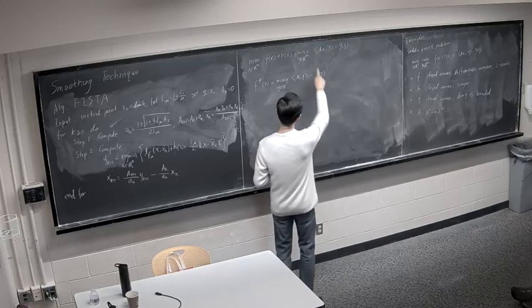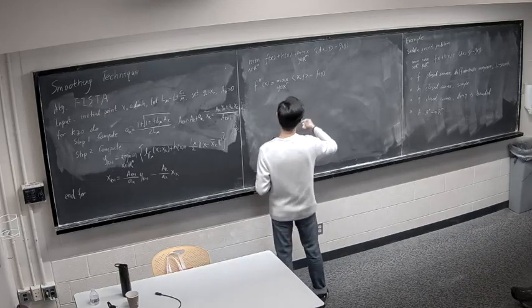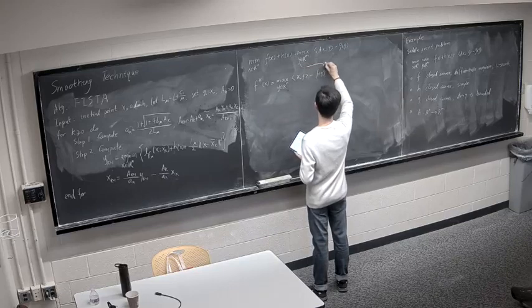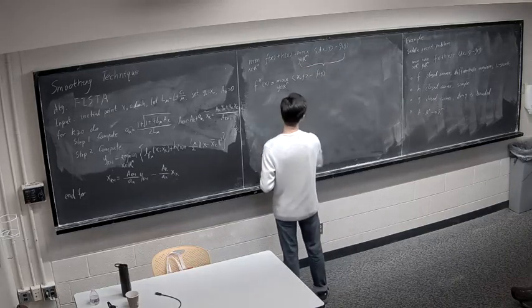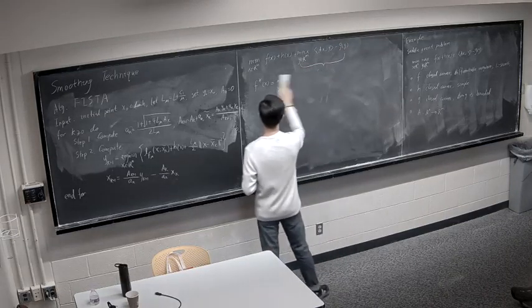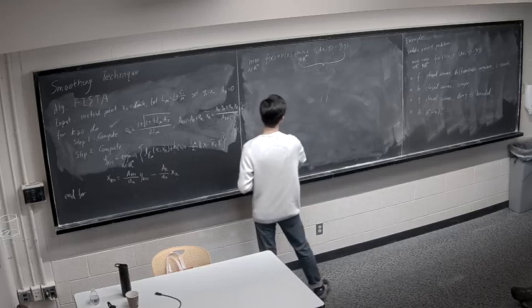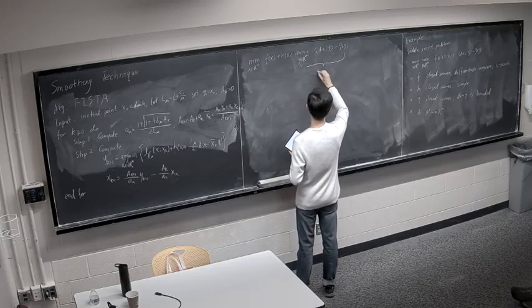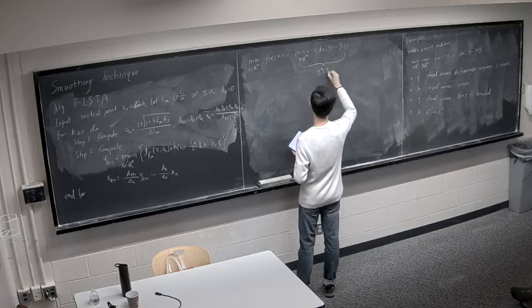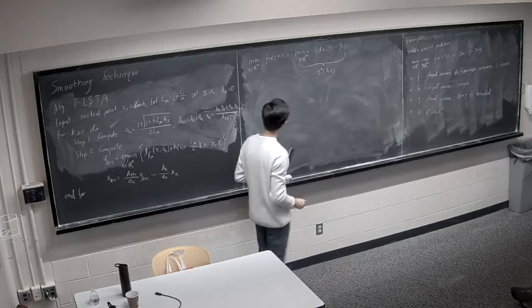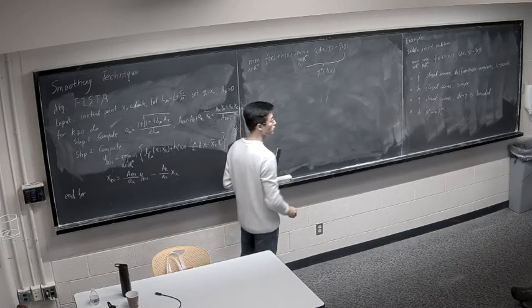So then the max part is actually g star of Ax. Now everything is in terms of x, right?